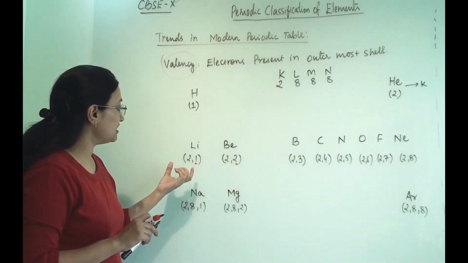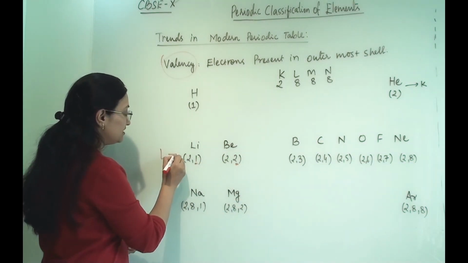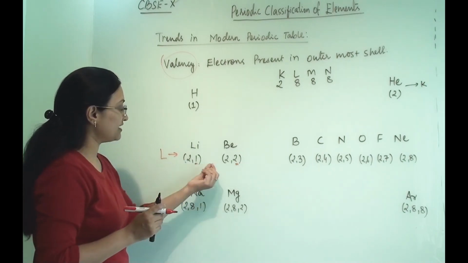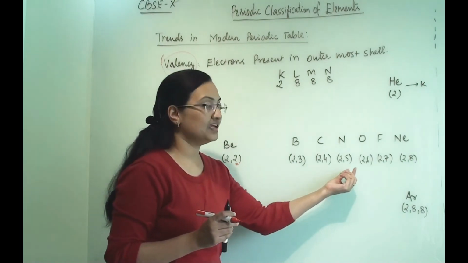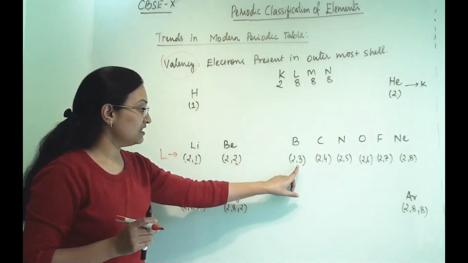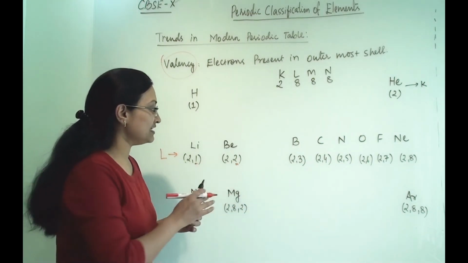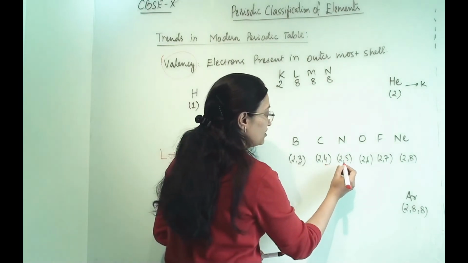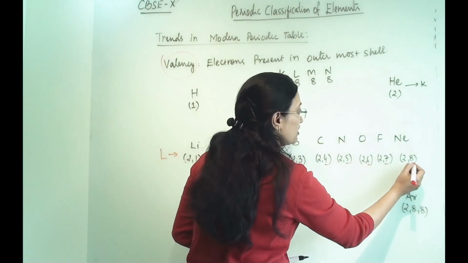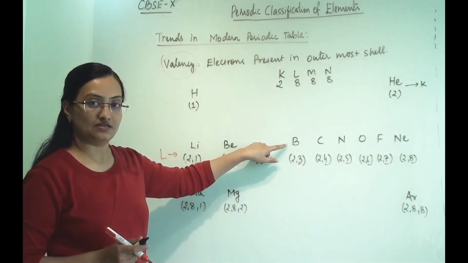You can see that in the L shell, continuously 1 electron is being added in the valence orbital. The last shell we can also call the valence orbital, because all these electrons are valence electrons for this element.